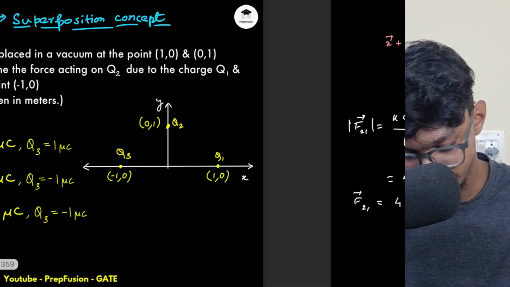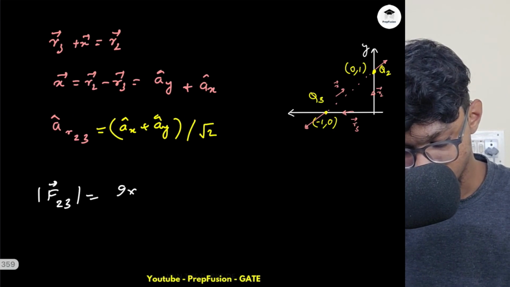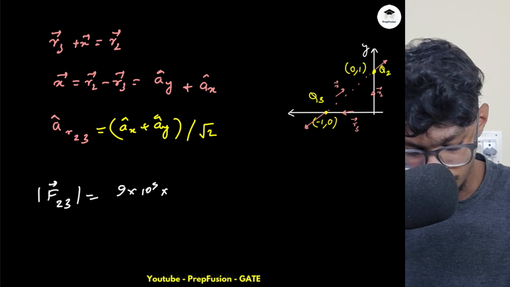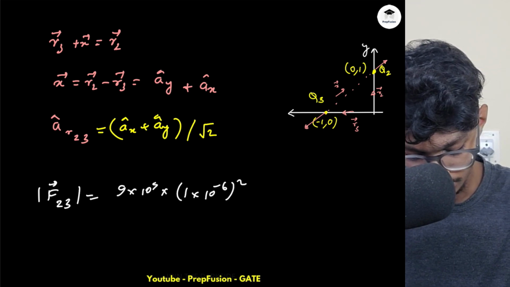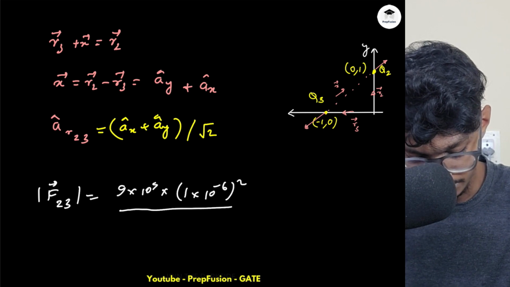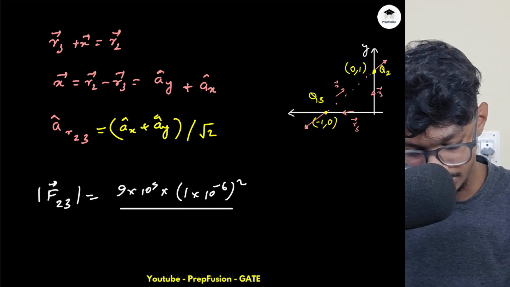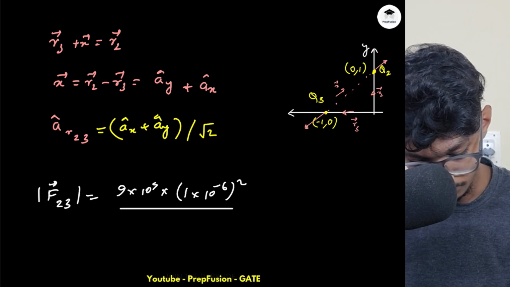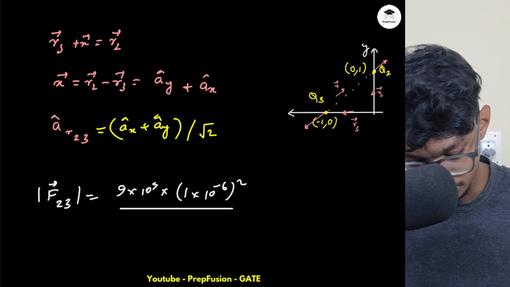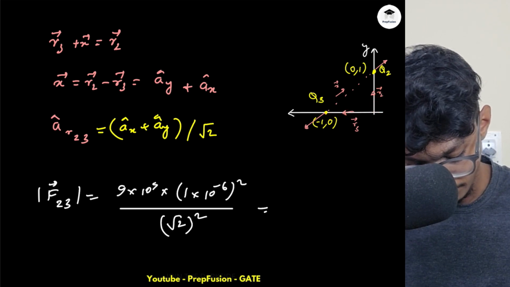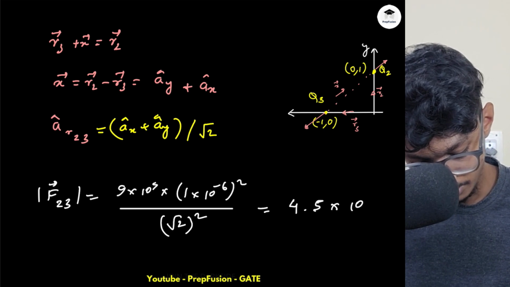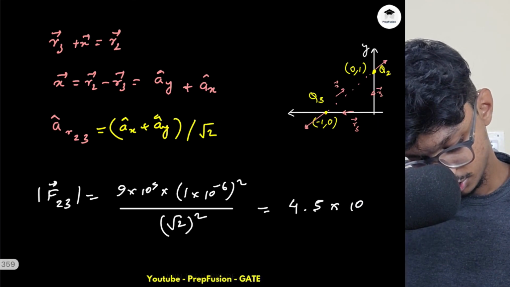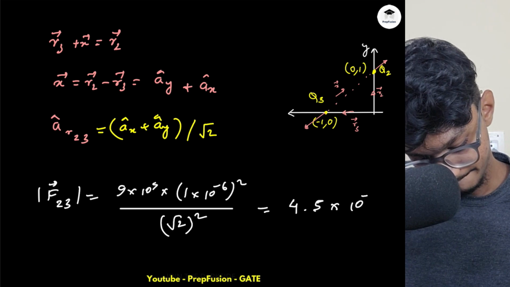It is in vacuum because they have mentioned this is in vacuum. So k, 9 into 10 raised to power 9, into q1 q2, again 1 into 10 raised to power minus 6 whole squared, divided by r squared. What is r? Again the distance is √2, because this square plus this square, this will be √2 whole squared. So again this will come out to be 4.5 into 10 raised to power minus 3.